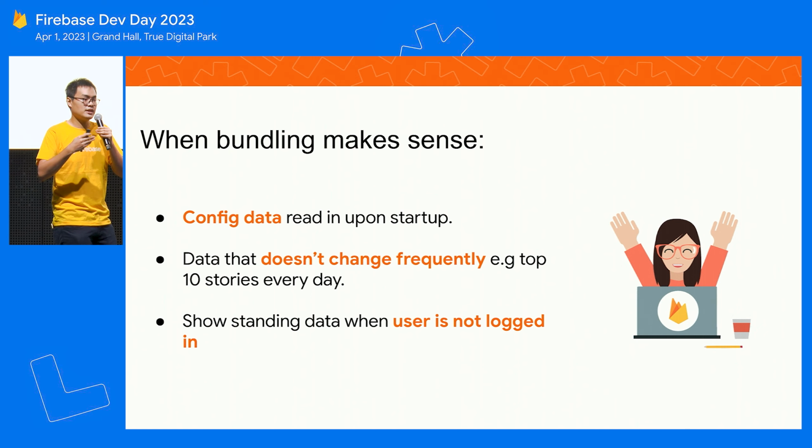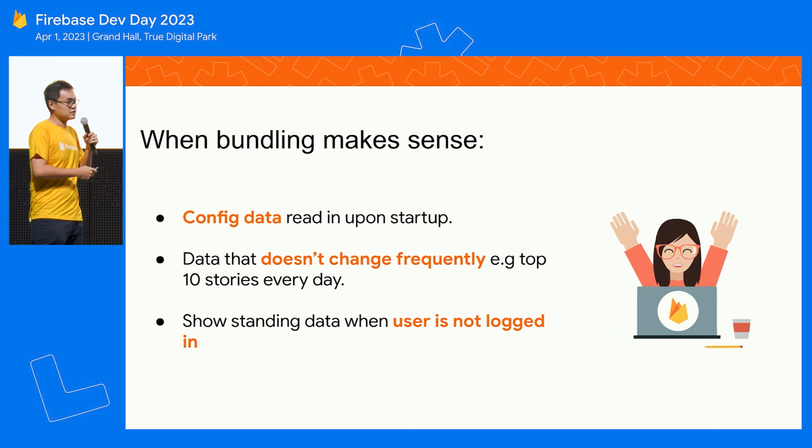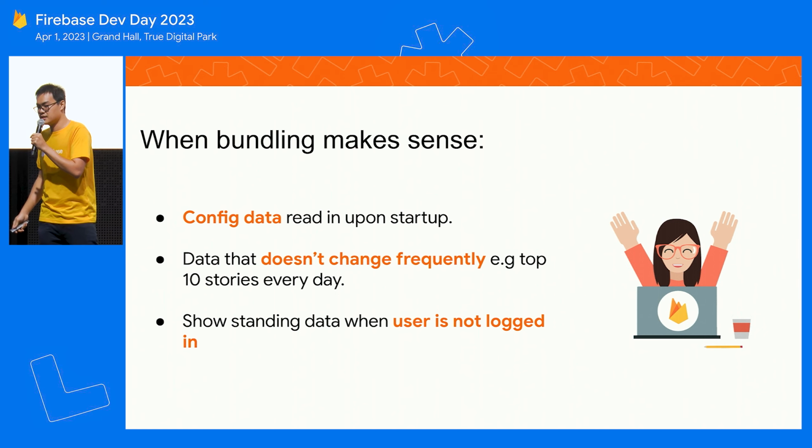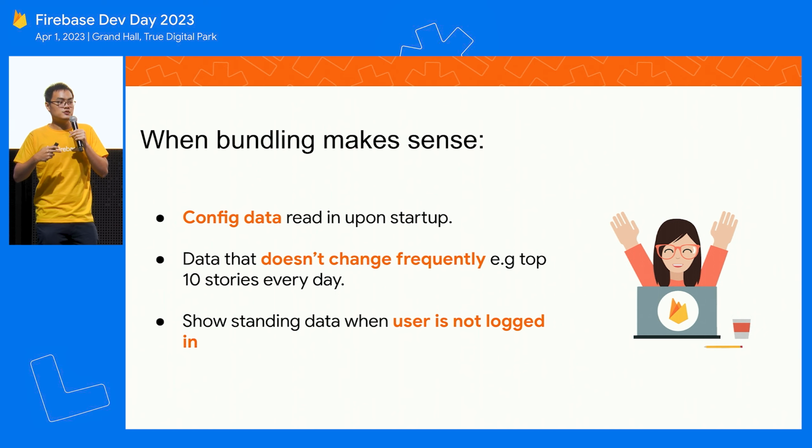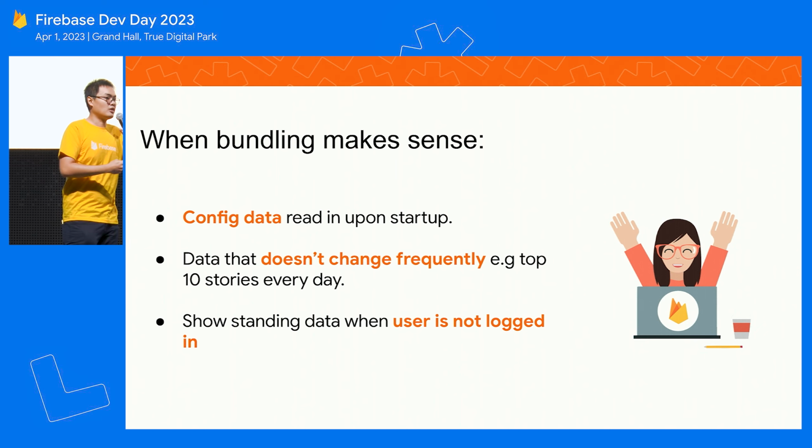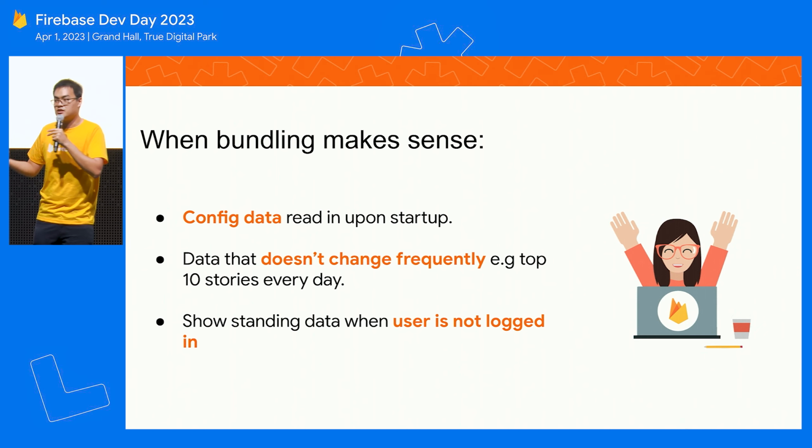Let's say you want to add a new product category, or a new sale category, etc. Then this makes a lot of sense. It's also useful for content that people see before they log in, such as your product page, or your articles if you're building a news website that doesn't require people to log in. Those are really great examples of why bundling makes sense.